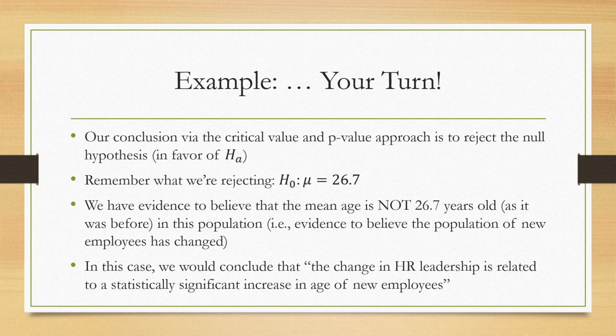It's indicating some additional variable that hasn't been accounted for in the study design or something else like that. And in that case, decisions made based on this information, assuming that it's causal, would be inaccurate and could lead to bad decisions. Now, again, we can conclude that there is evidence that something has changed from previously to now. We just can't say that it is A or B or C based on what we know about the study design.